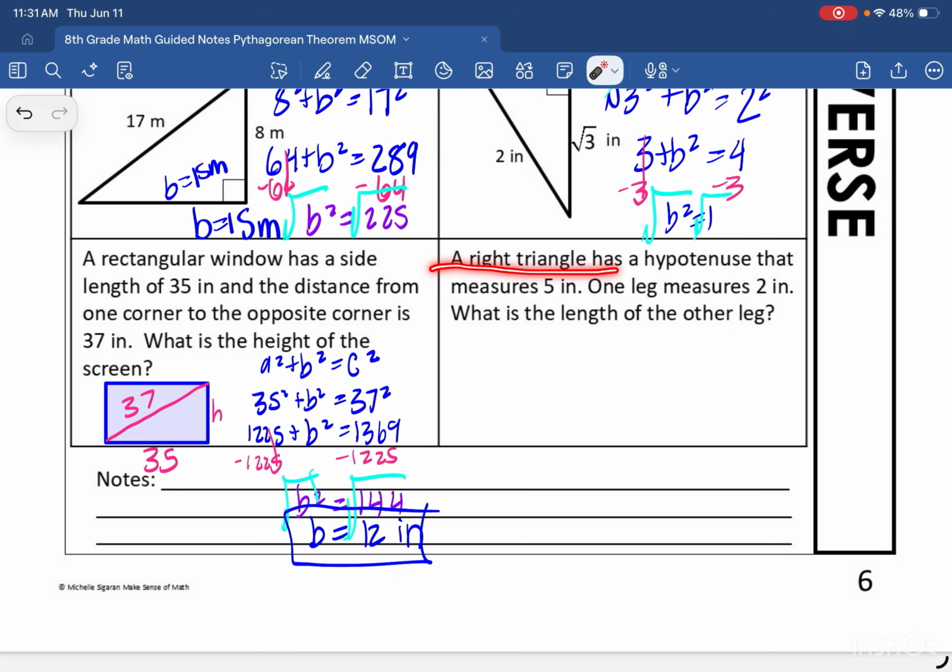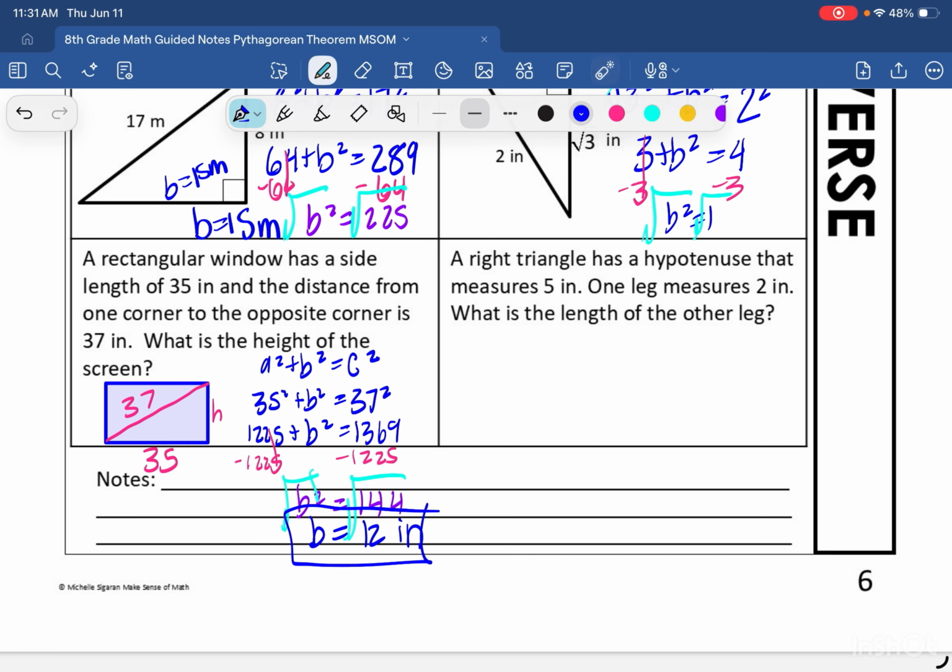A right triangle has a hypotenuse that measures 5 inches. One leg measures 2 inches. What is the length of the other leg? Okay, we're going to start with the Pythagorean theorem. A squared plus b squared equals c squared. One leg measures 2 inches. We don't know the second leg. And then the hypotenuse is 5 inches.